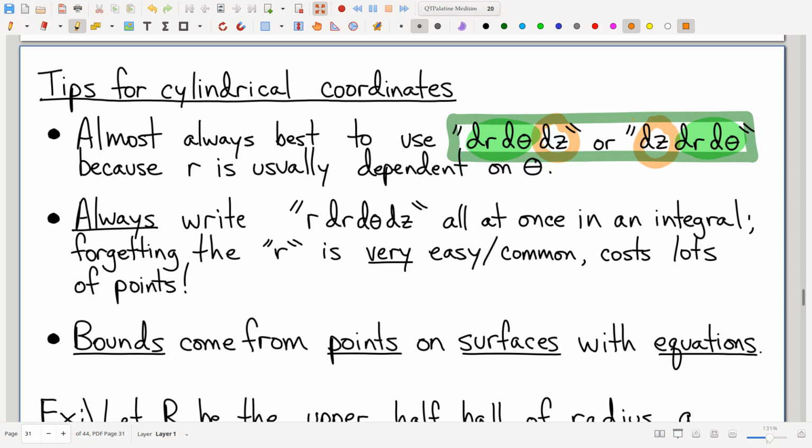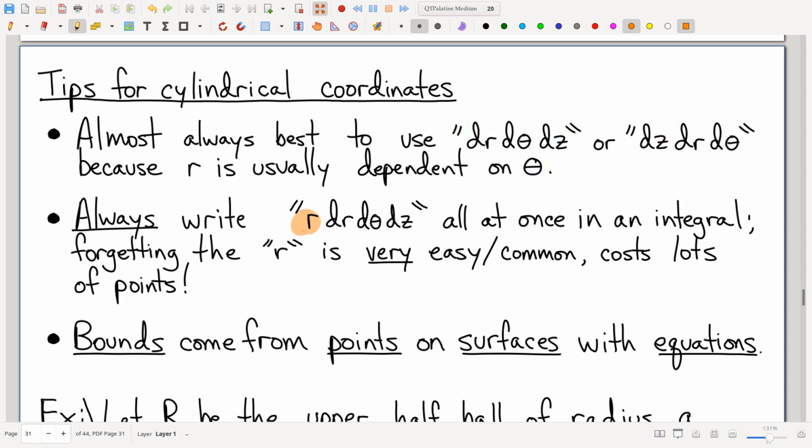This follows. All right, and again, this is just a hack to avoid inadvertently forgetting and costing yourself points because you forgot something critical and fundamental. Please always write down this entire thing all at once, just so you don't forget the R. It's so easy to do.